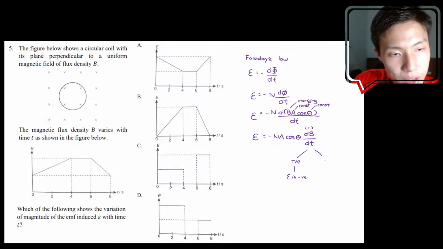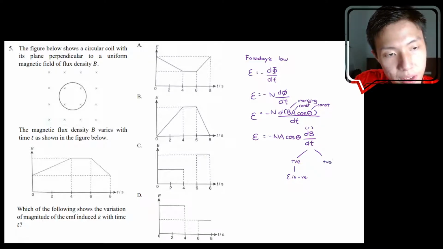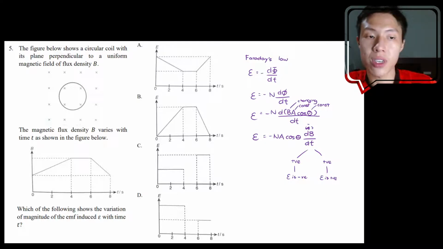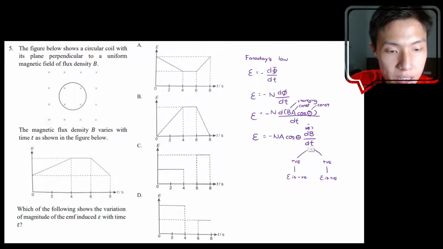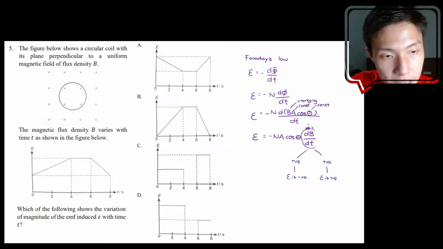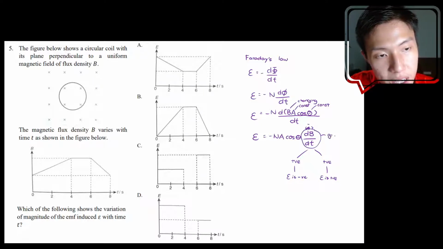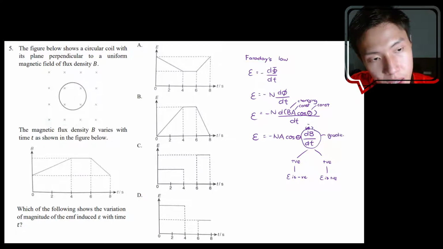If your dB dt is negative, then negative multiplied with the negative here gives you a positive epsilon. This is the idea that we'll be following here. But dB dt over here will be represented by the gradient of the B-t graph.